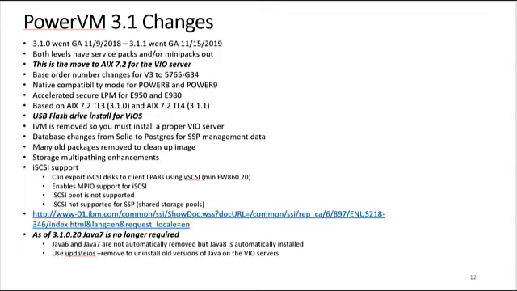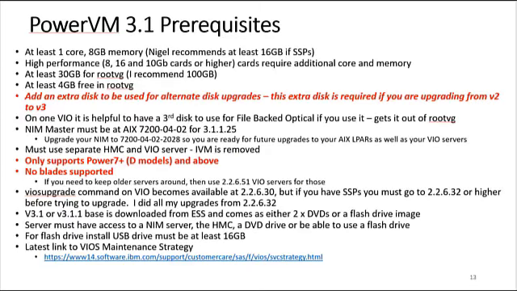They changed the database, they did some enhancements to multipathing, and they added a lot of support for iSCSI. Another thing to note is that the old Javas that we used to have, Java 6 and Java 7, once you get to 3.1.0.20, you don't need Java 6 or Java 7, and you can uninstall those. So a lot of good things happened in VIO Server 3.1 in terms of cleaning up.